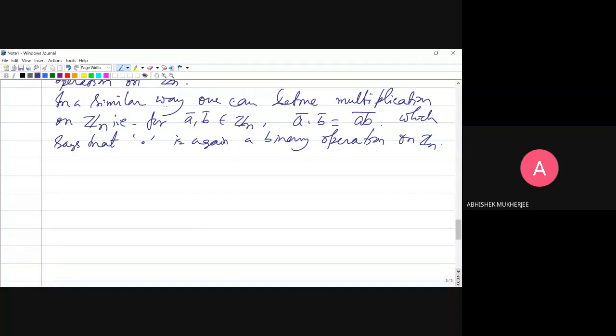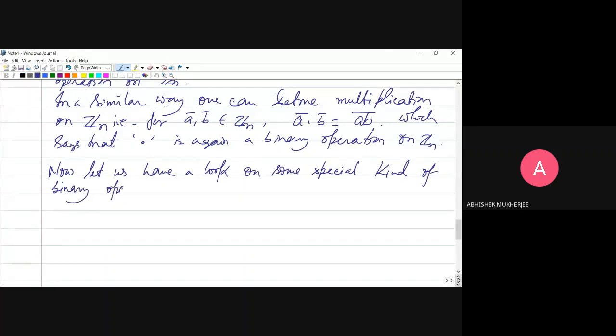So firstly, let us have a look at some special kind of binary operations. That means the binary operations which enjoy some property, some extra condition, on a set X.